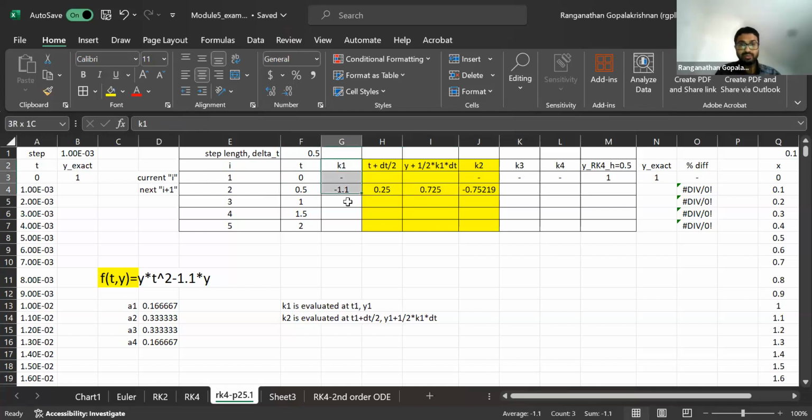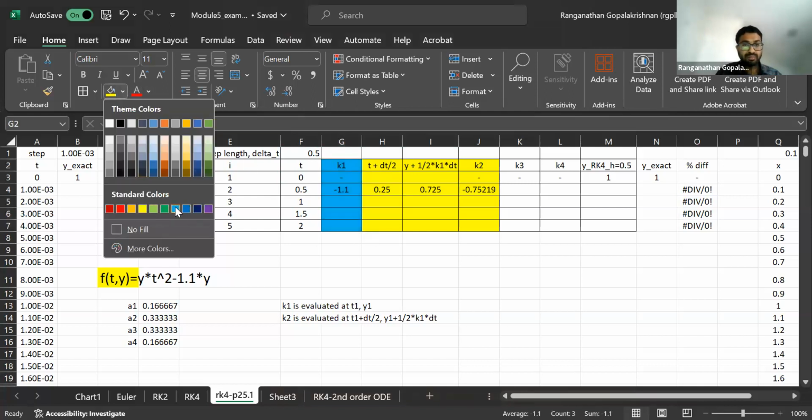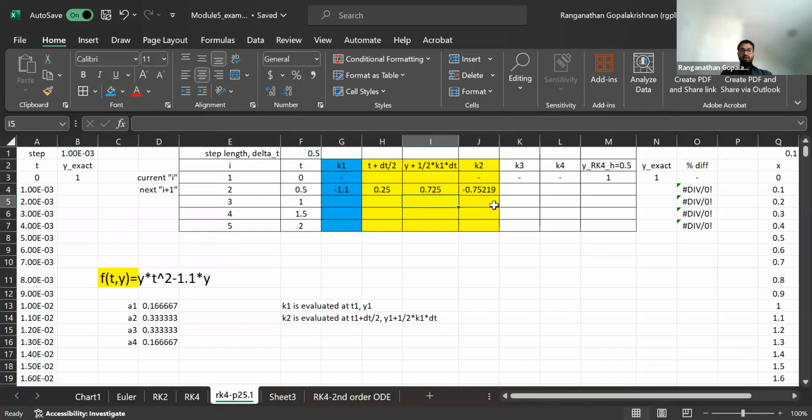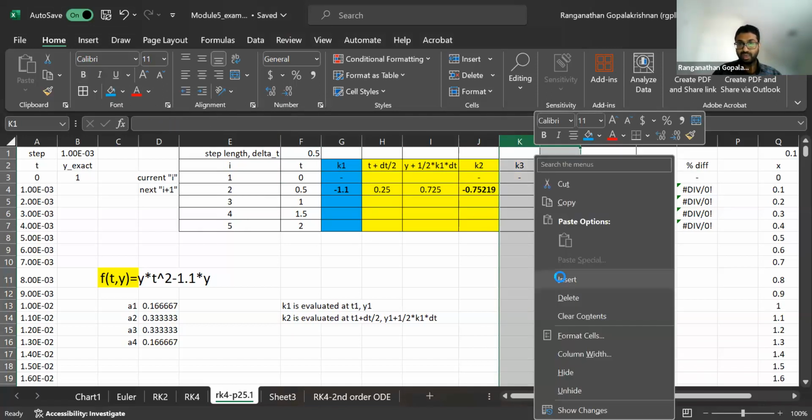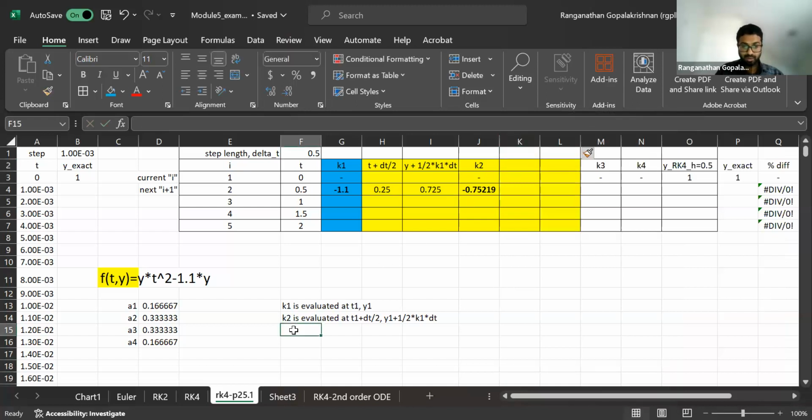So let me color code these values so that it's easy to quickly identify them. Okay, so we have our K1, we have our K2, so far so good. To compute K3, we need to add two columns. Let me write my note here. K3 is evaluated at T1 plus dt over 2, comma Y1 plus half K2 times dt.